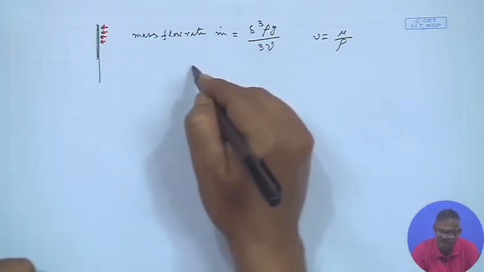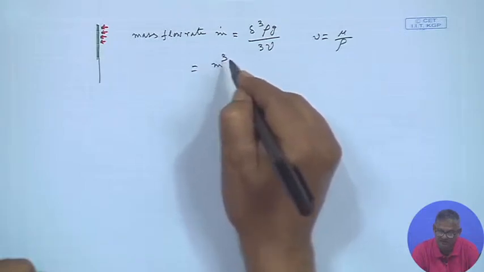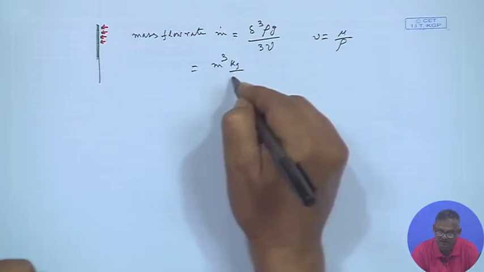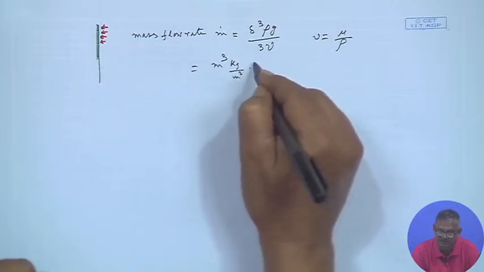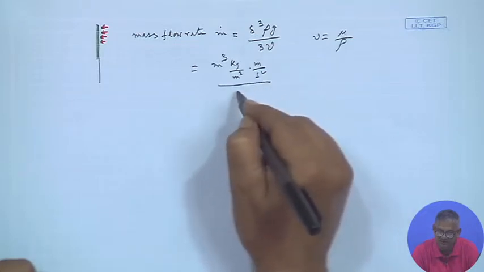Let us check the unit. Del cube is meter cube, rho is kg per meter cube, g is meter per second square, and the 3 is a number.